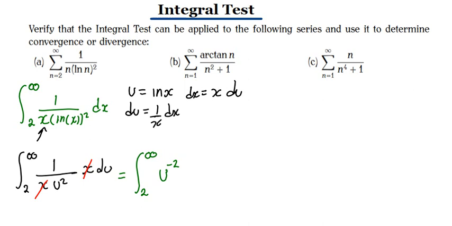Instead of writing it in the denominator, I can take it up to the numerator. You can go ahead and integrate this, and this is going to be minus u to the minus 1, which I can write as minus 1 over u.